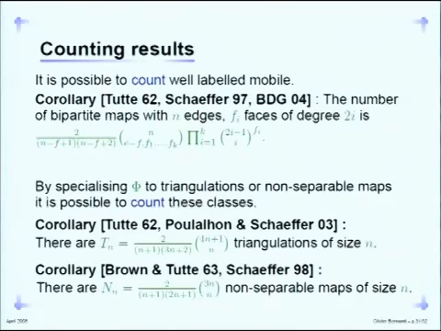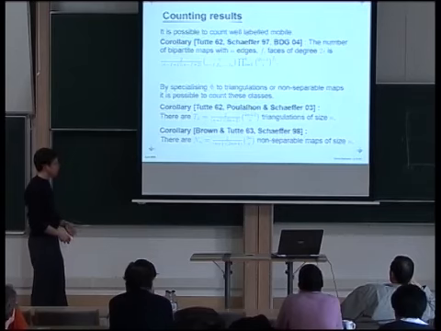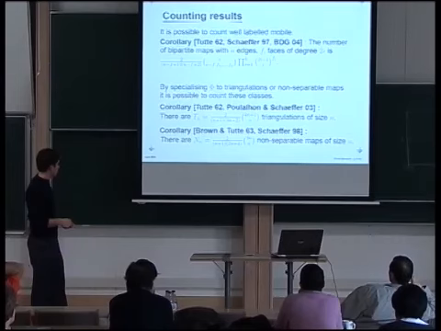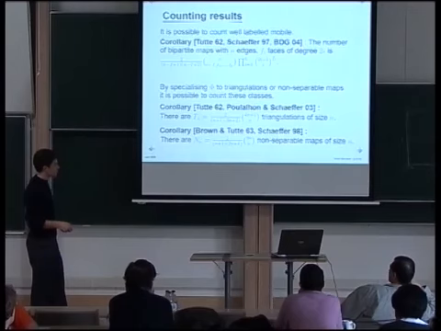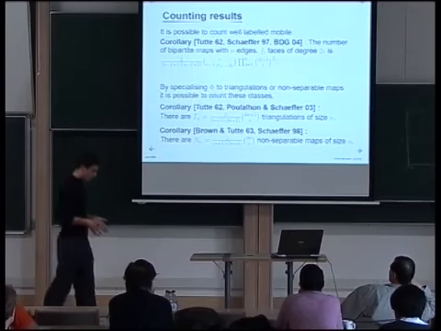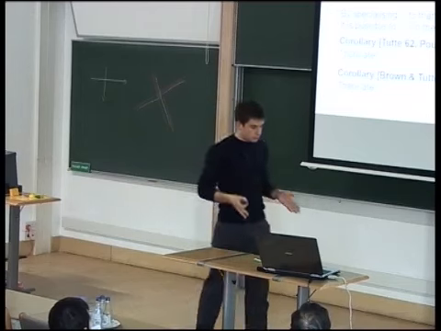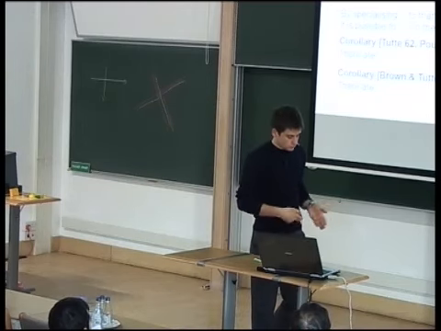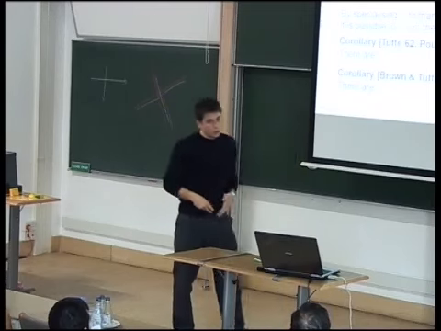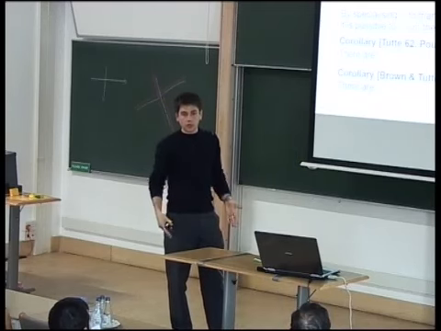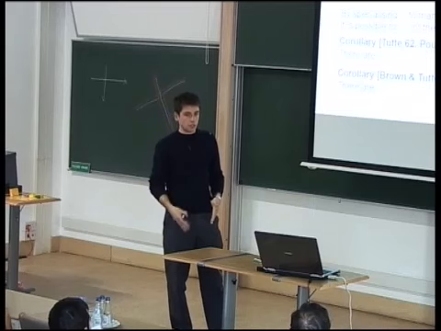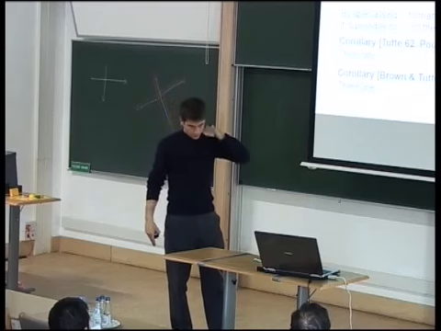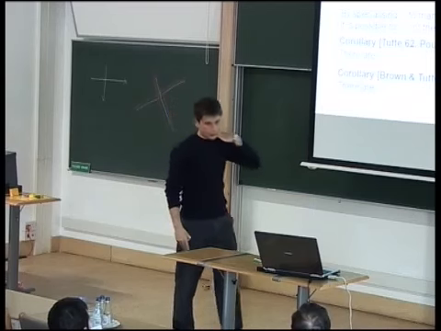And also, it is possible to specialize to a special type of quadrangulations and to obtain from that the number of non-separable maps of size n. So you can specialize this covered maps bijection in at least 3 different ways, but probably more, and obtain a bijection for specific families of maps. And yeah, that would be all. Thank you.